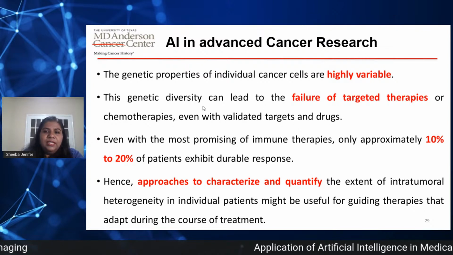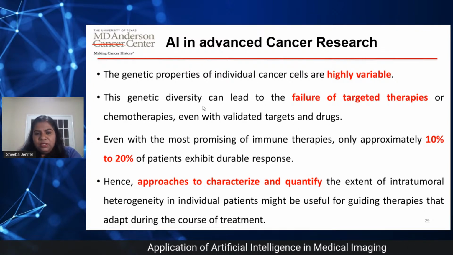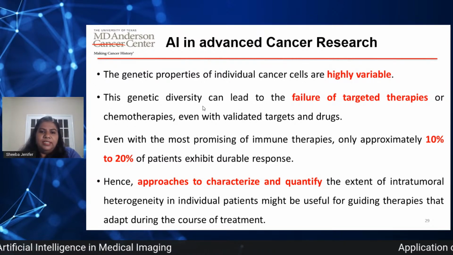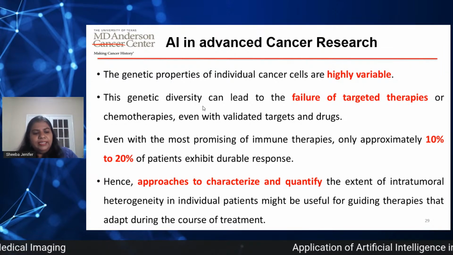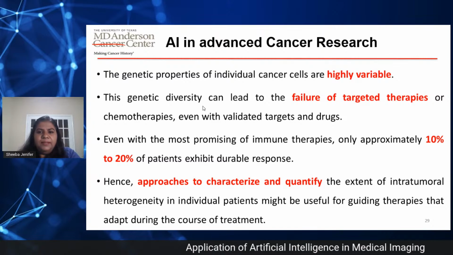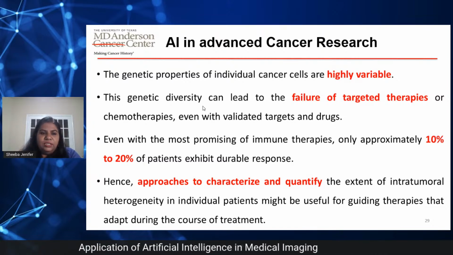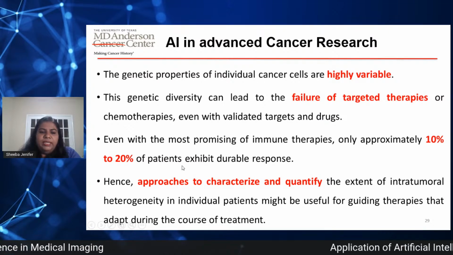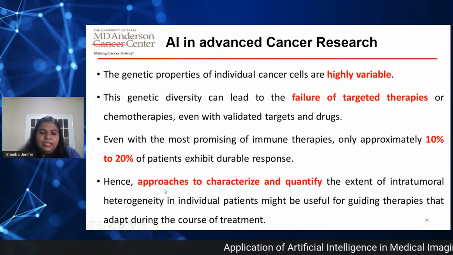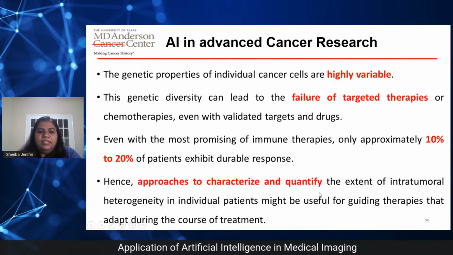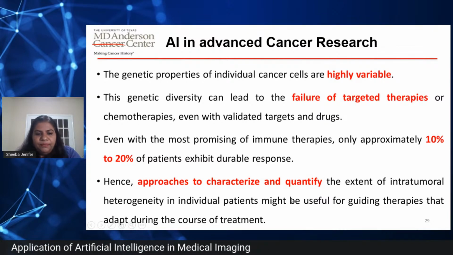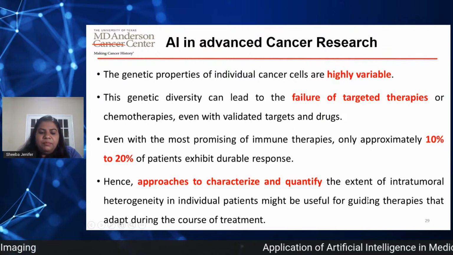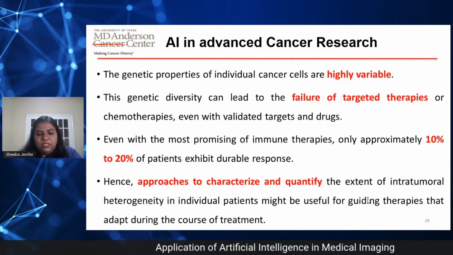Even targeted therapies and chemotherapies fail, even with very well targeted drugs, because cancer is more patient specific and the tumor region is highly heterogeneous. Even with promising immune therapies, only 10% to 20% of patients show a good response. Hence, approaches to characterize and quantify these tumors are a great challenge, and they are very much needed and useful for guiding different therapies and adapting different courses of treatment for individual patients.